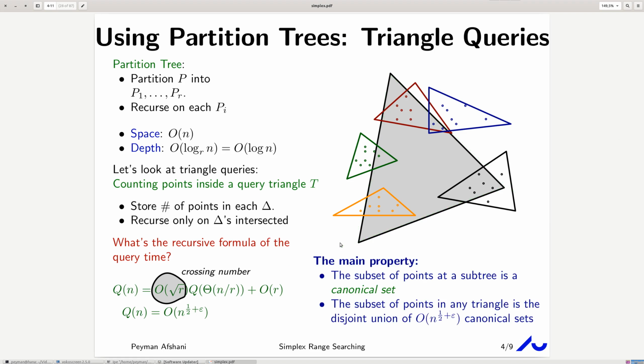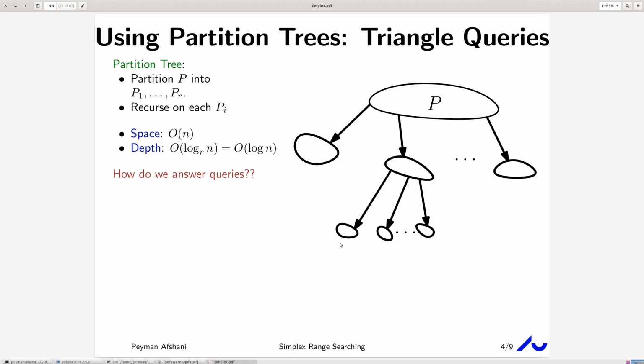Here we can tie it to the concept of canonical sets that we looked at in the lectures related to orthogonal problems. Here we can also use the concept of a canonical set. Go back to the partition tree. For every internal node, look at the subset contained in it.